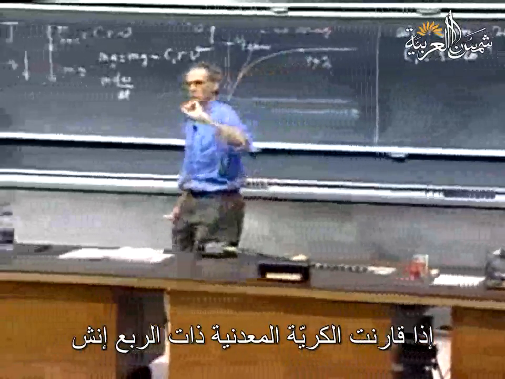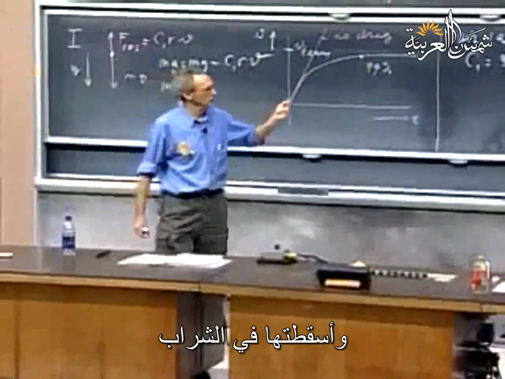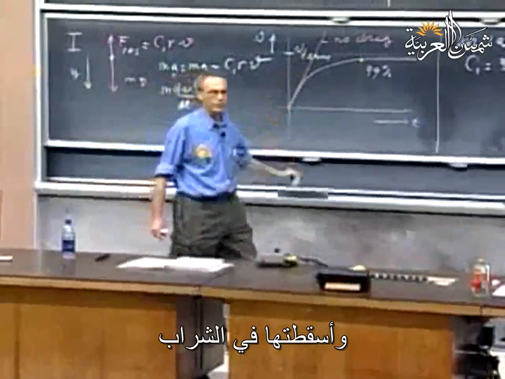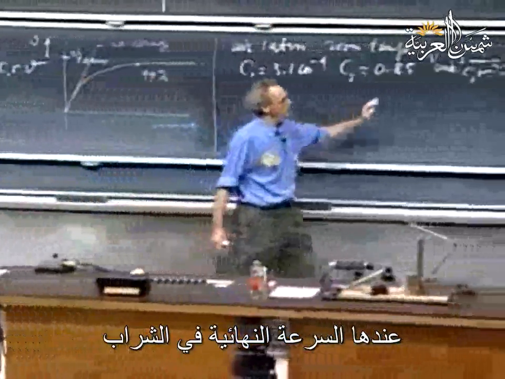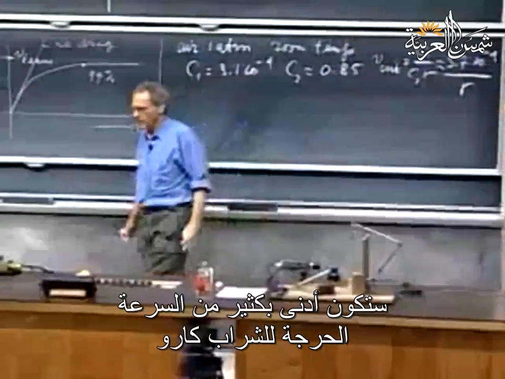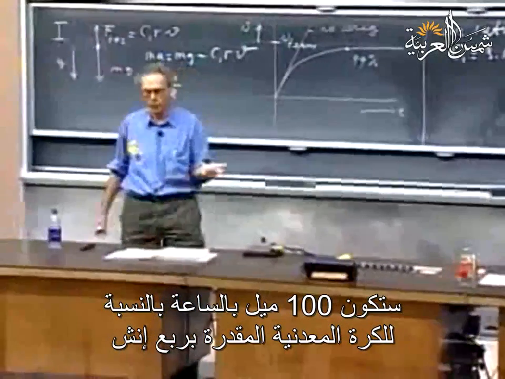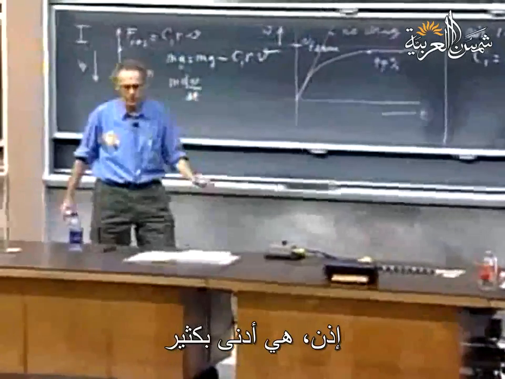So if I compare the 1/4-inch ball bearing and I drop it in the Karo syrup, then the terminal velocity in the Karo syrup is way below the critical velocity of the Karo syrup. The critical velocity of the Karo syrup would be 100 miles per hour for a 1/4-inch ball bearing. So it's way below.